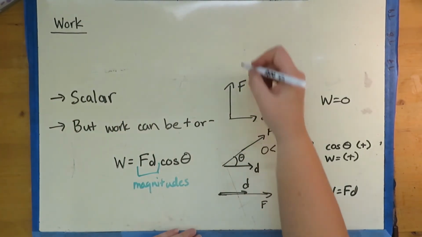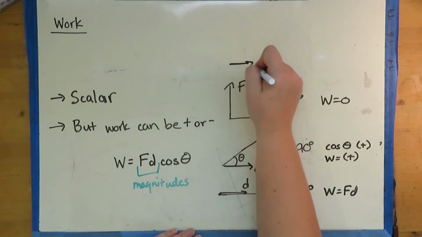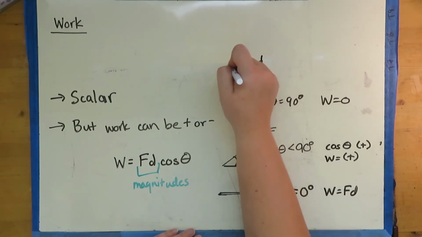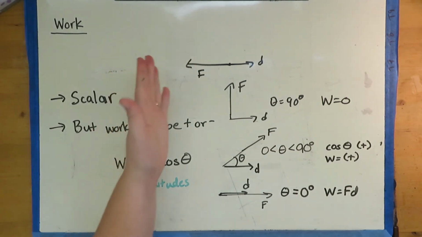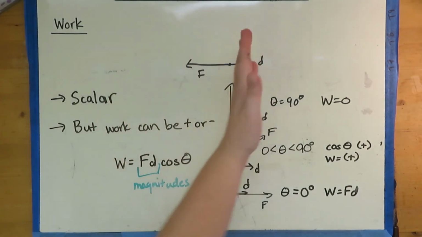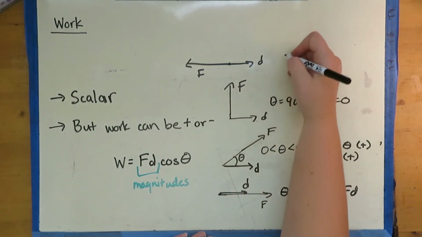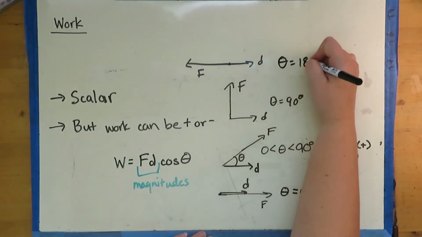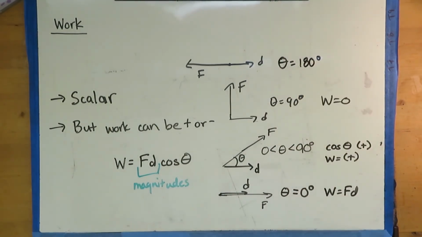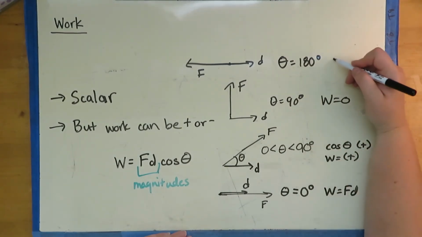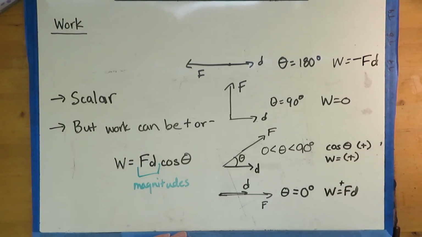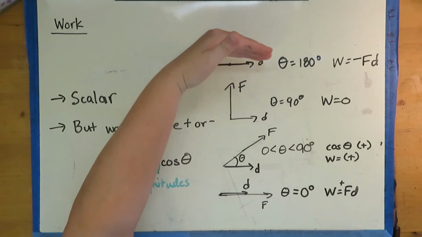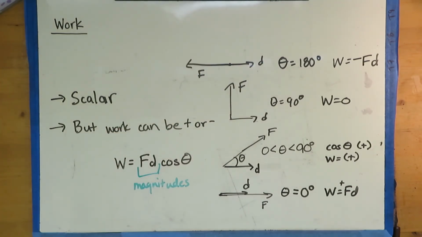What happens if my displacement is this direction, but my force is acting in the opposite direction? For example, friction. Kinetic friction works in the opposite direction of the displacement. Well, in this case, theta would be 180 degrees. So cosine of 180 is -1. So my work would equal a negative F times d.